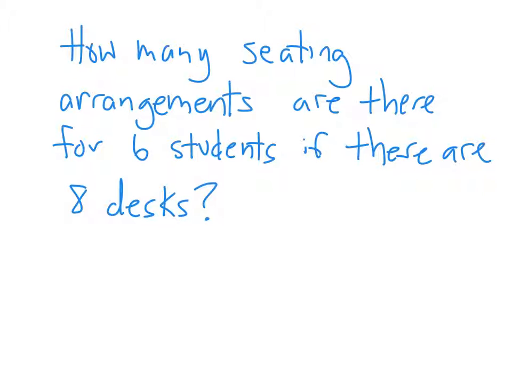This one, the order does matter. This is a permutation, and we have 8 things total to choose from, and we want to put 6 of them. We want to pick 6 specific desks, and it matters how I pick them in this problem. So here, using the calculator for this again, we get 20,160. And that's it. You really have to decide, does the order matter or does the order not matter?